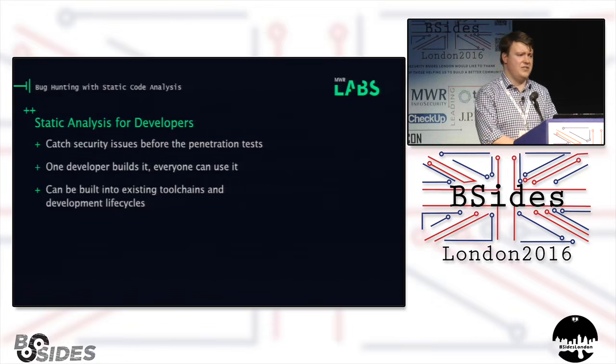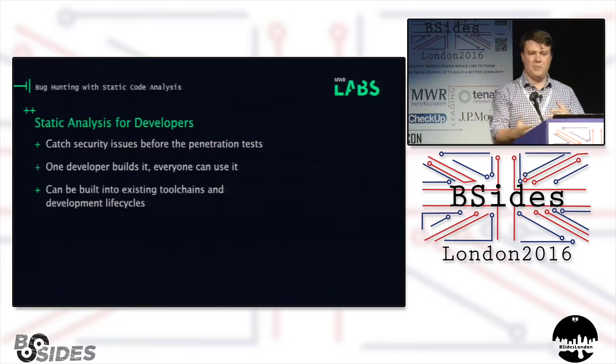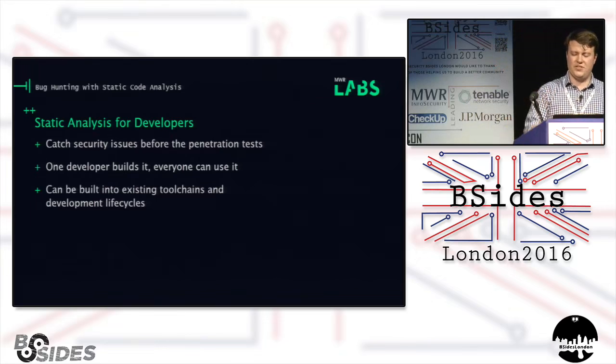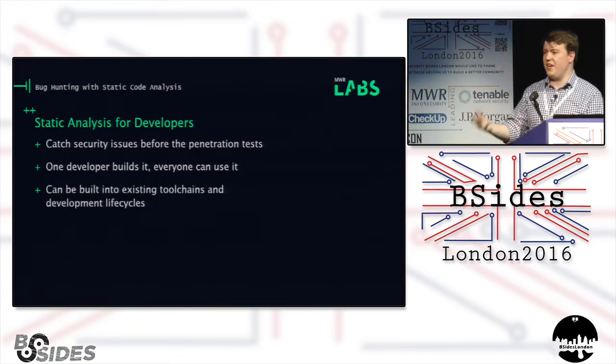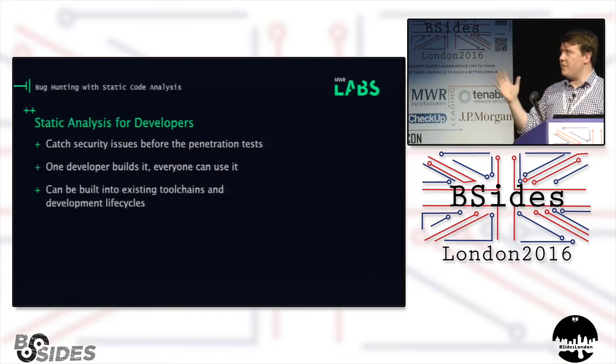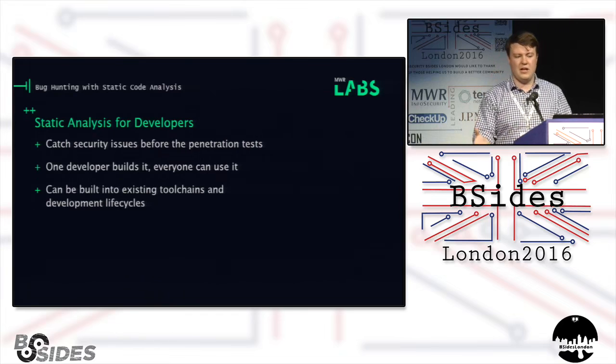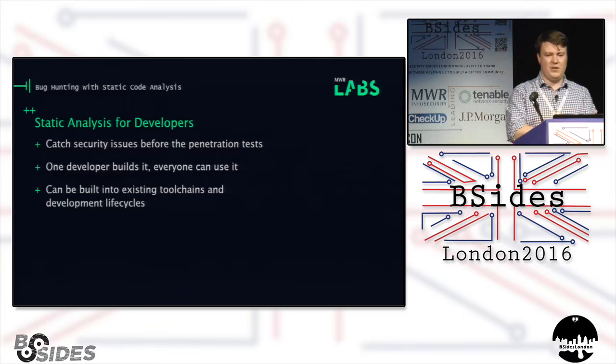The earlier on you catch a bug in the development lifecycle, the cheaper it tends to get, and you can build these tools in as part of your existing tool chain or other tool sets you're using in order to make it as easy as possible for your developer to use it. And if you've got a large development team, you can have 1 or 2 experienced developers or people who understand the security implications of some of these bugs, build your tooling for it, and then hand it off to everyone so that you've got the same level of static analysis checking being done both by your 20-year veterans and the interns you've hired in for the summer.